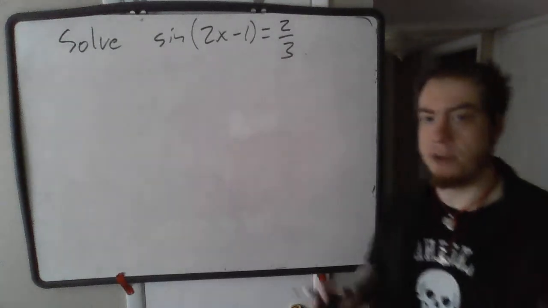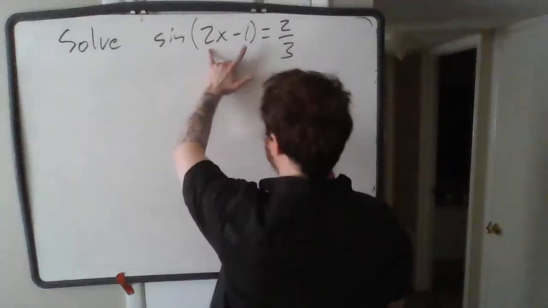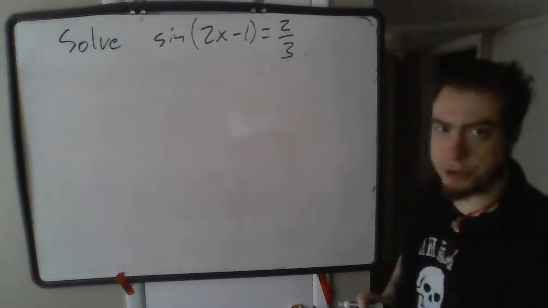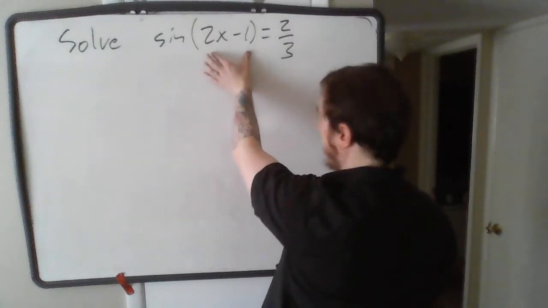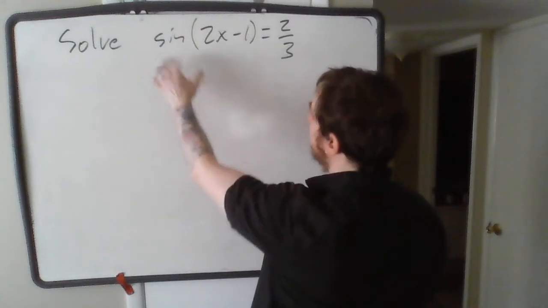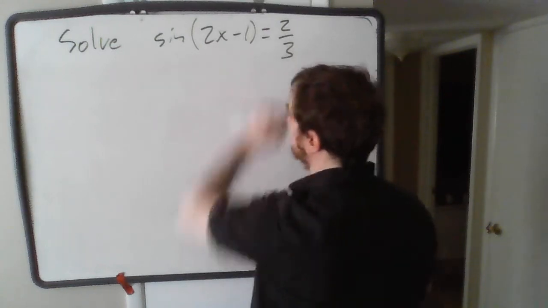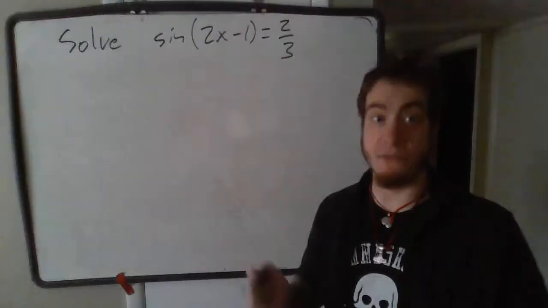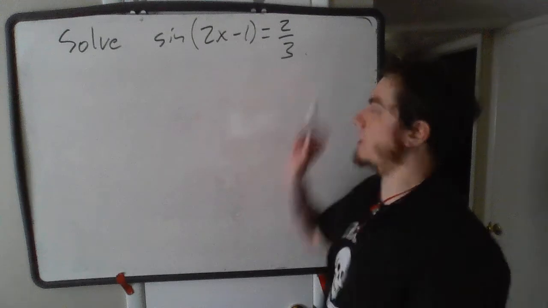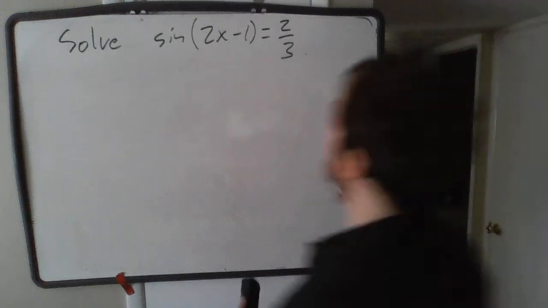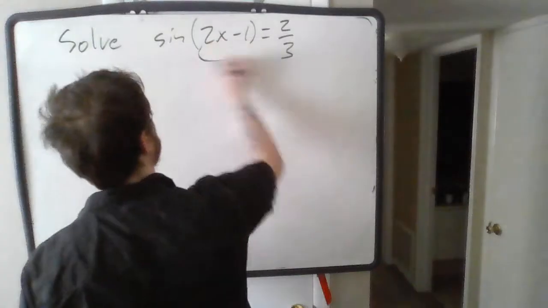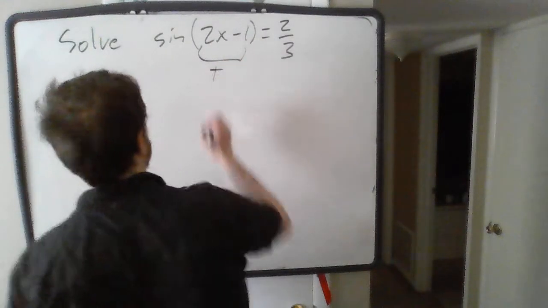The problem here is that we've got this stuff inside of the sine function. In other words, instead of just having the sine function of a variable, we have the sine function of some expression involving the variable equals some number. So what do you do in this case? Well, we can think of this entire quantity as our t.